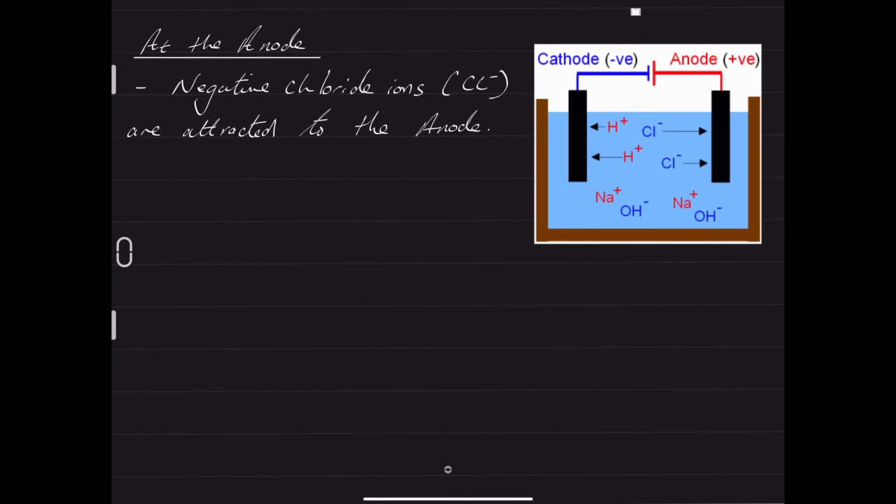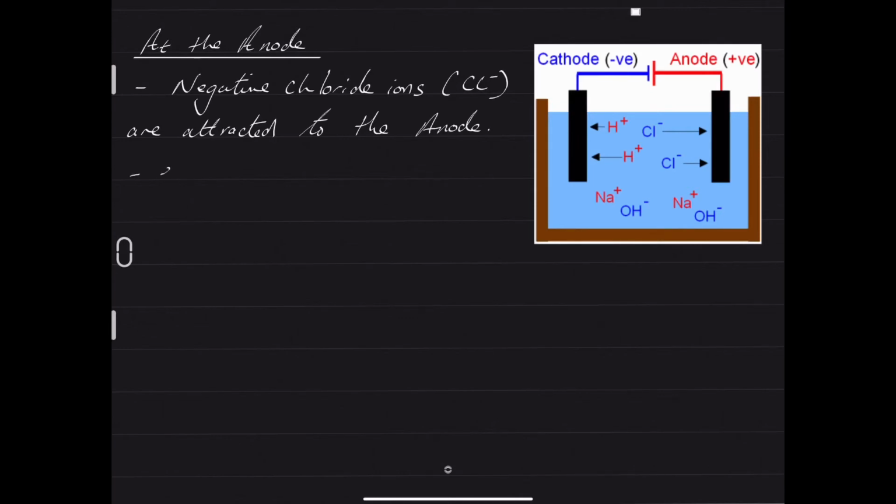Okay, so this was stated before when we were talking about the three products. Now, when they get to the anode, they will each lose a single electron.